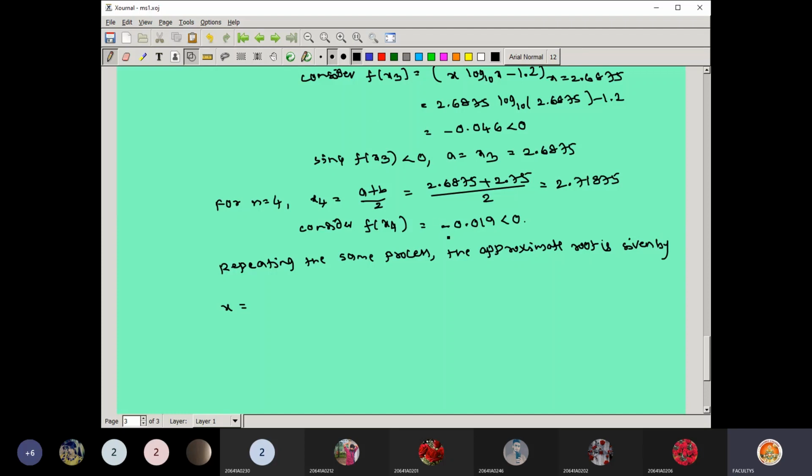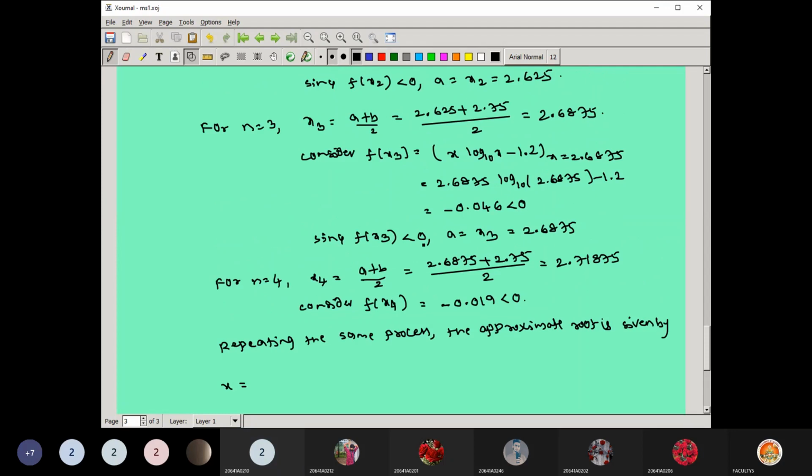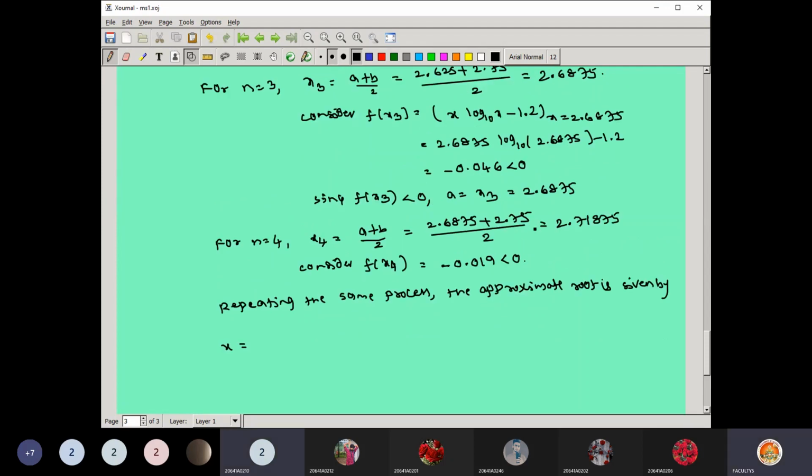Tell me what answer comes. Total all of them and divide by how many we have done; we did 5, so divided by 5. You just add all the approximate roots, only x values, x0, x1, x2, x3, x4 divided by 5. It is the average value. How much are you getting?